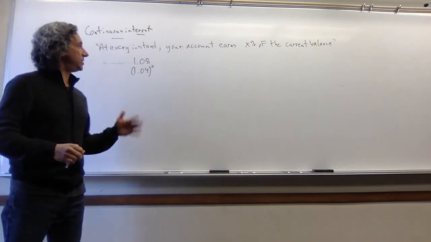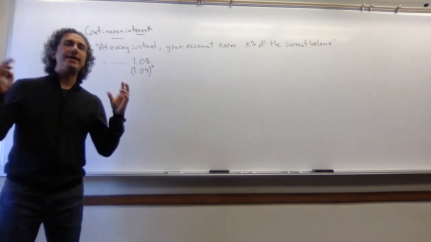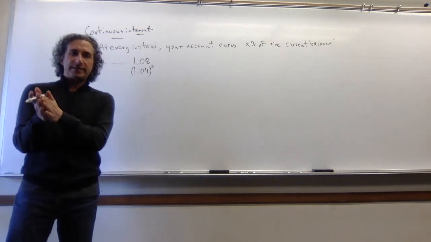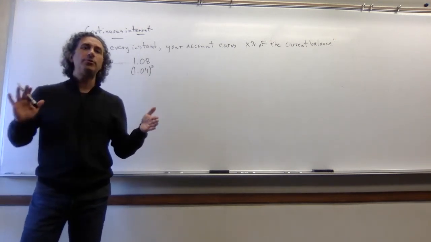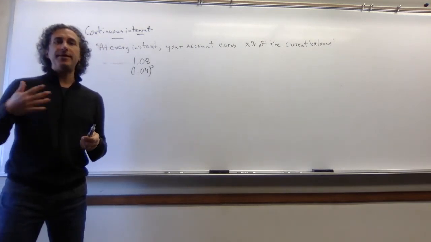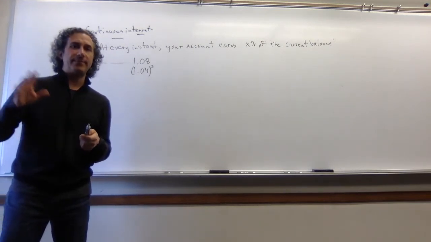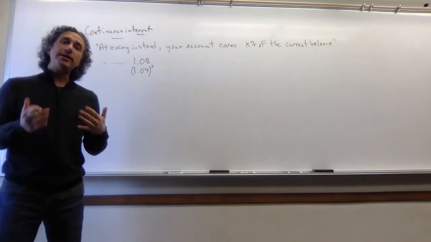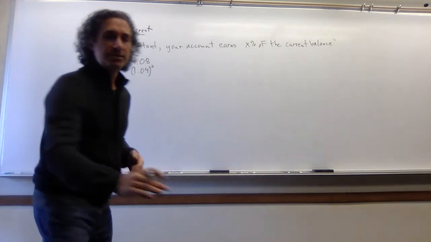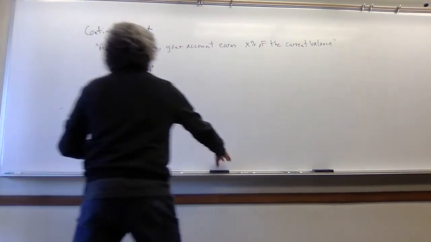With continuous interest, what we're doing is we're taking the limiting case of this. So what we're doing is we are taking the number of subintervals over the year and have it approach infinity. And you may remember from pre-calc that you get a formula P e to the RT or something like that. So we're going to derive that formula, but from a calculus perspective. So let's do that through an example.